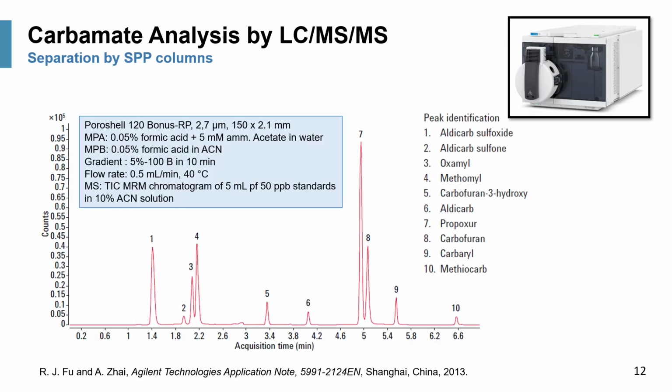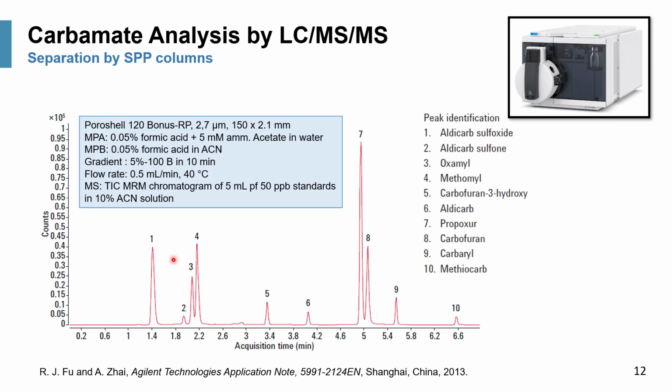Today, you can probably do carbamates, even though the regulatory method uses post-column derivatization, with LC mass spec, which offers a pretty unique and perhaps in some ways even simpler quantification of these carbamates.